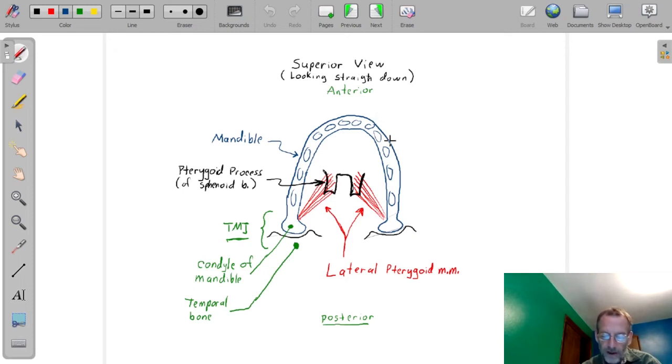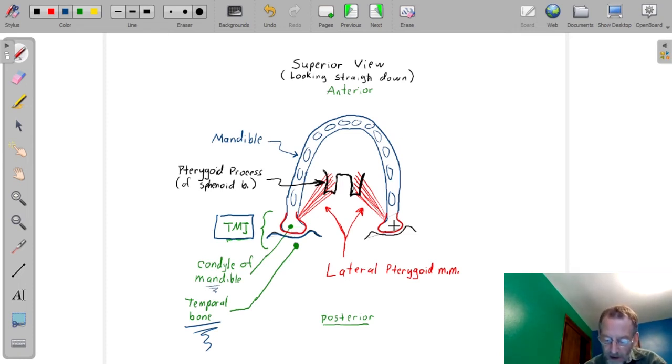So this is a superior view. You're looking straight down on the mandible, and here are the condyles. This is not necessarily anatomically correct because I'm not an artist. This is the best I could do. So there are the condyles, and here is the mandibular fossa, which is part of the temporal bone, and that forms the TMJ, the temporomandibular joint.